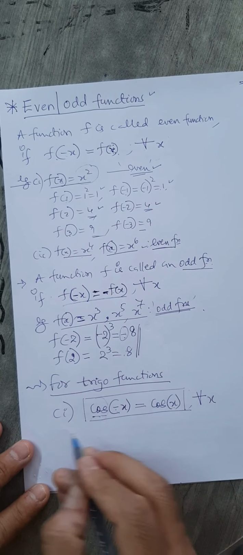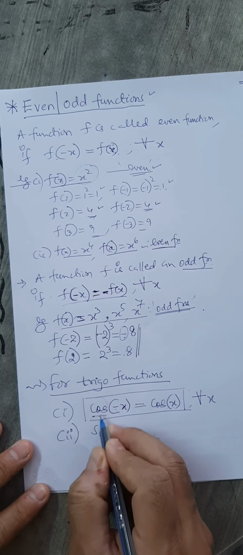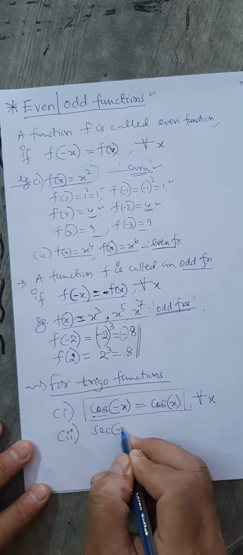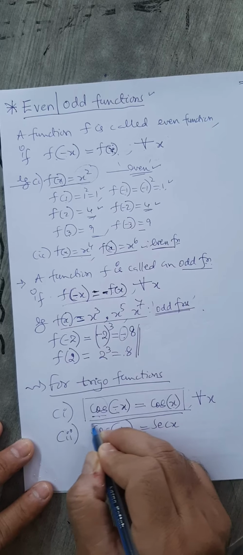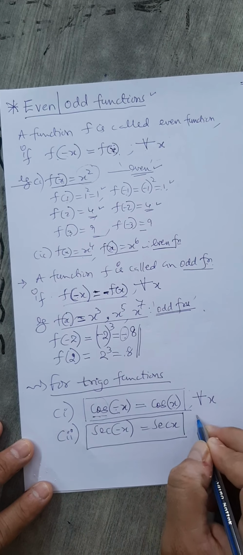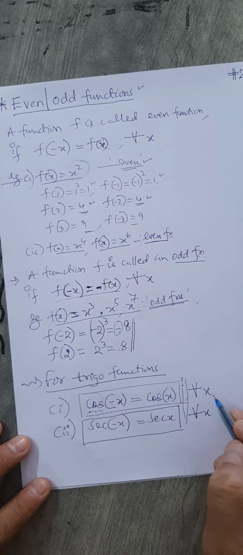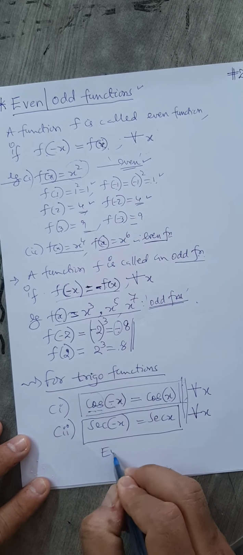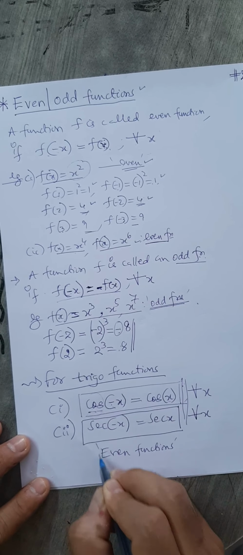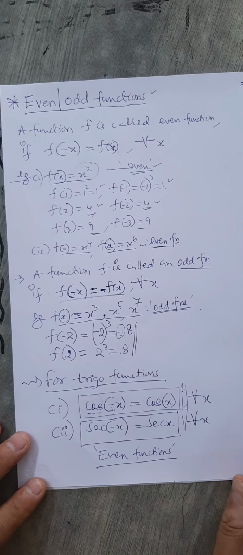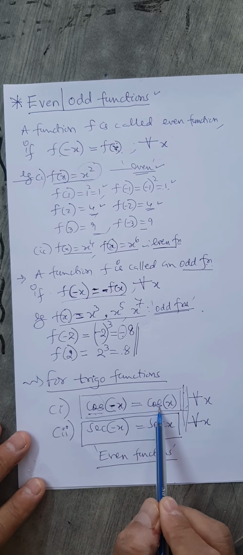And if cos is even, sec being reciprocal of this, it would be again even. So this is just the reciprocal. So sec of minus x is again sec x. So this is also an even function for every x in the domain. So these two functions are nothing but even functions. What is the meaning of this? These two functions are even. That is, if you put the minus sign here, then this will not have any effect.